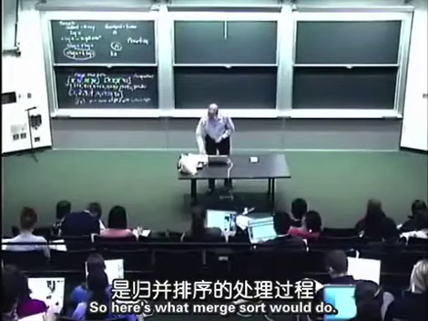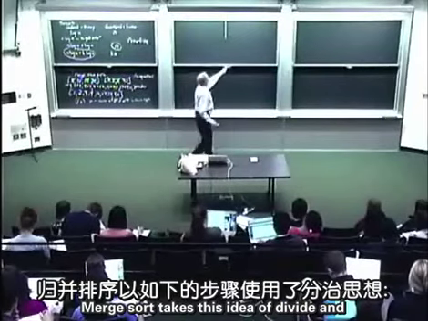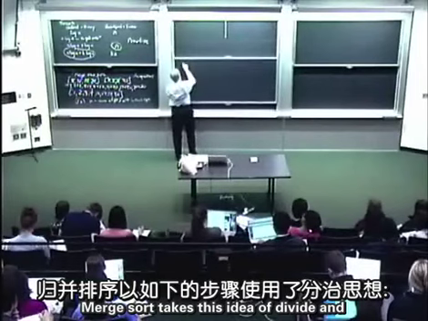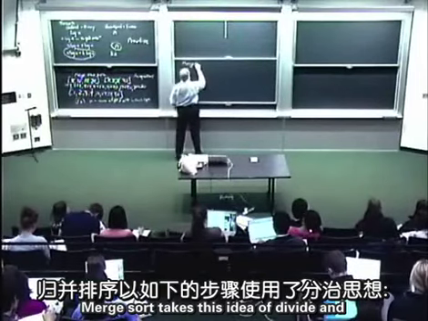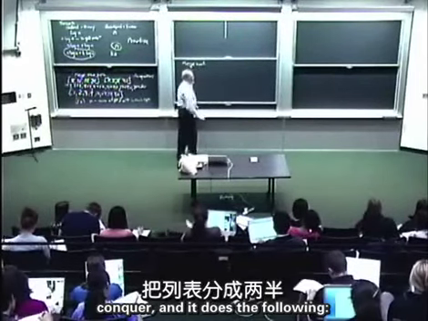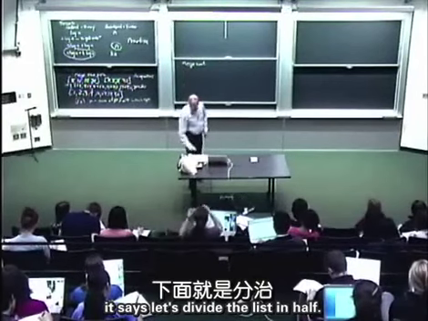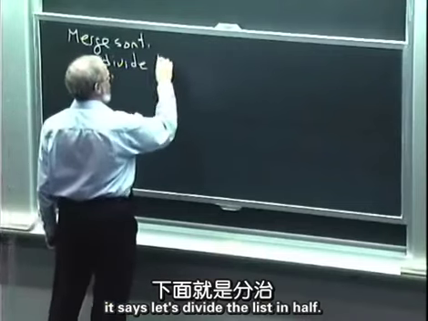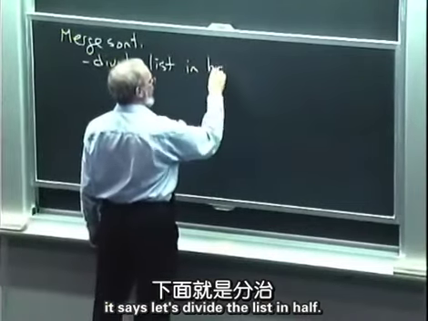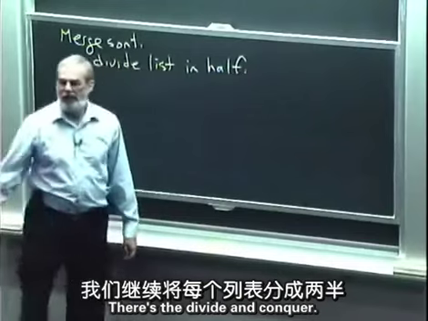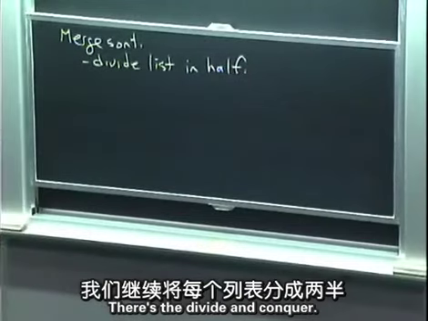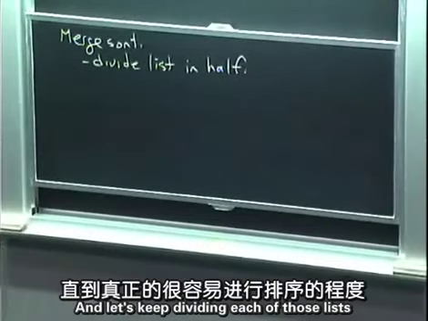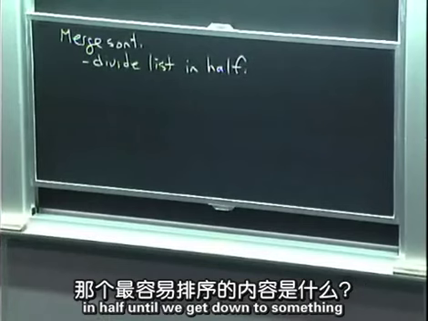So here's what merge sort would do. Merge sort takes this idea of divide and conquer, and it does the following. It says, let's divide the list in half. There's the divide and conquer. And let's keep dividing each of those lists in half until we get down to something that's really easy to sort.